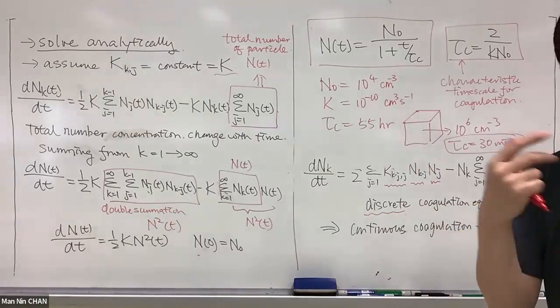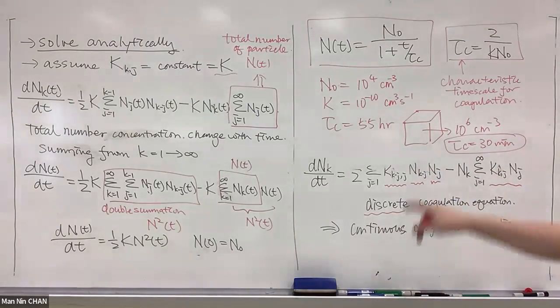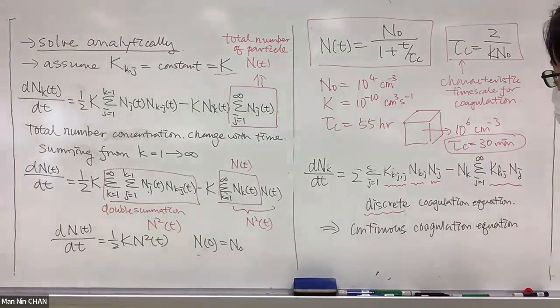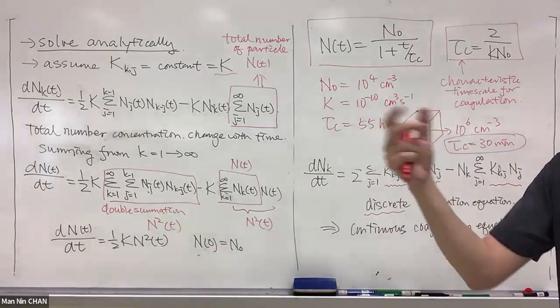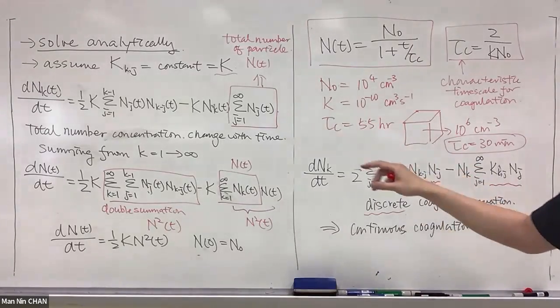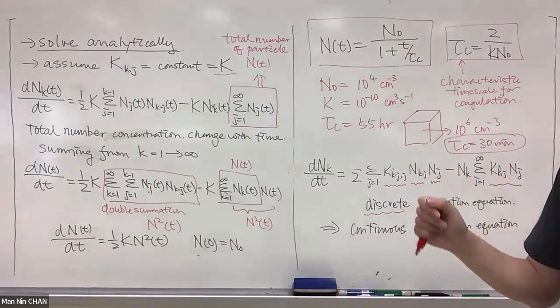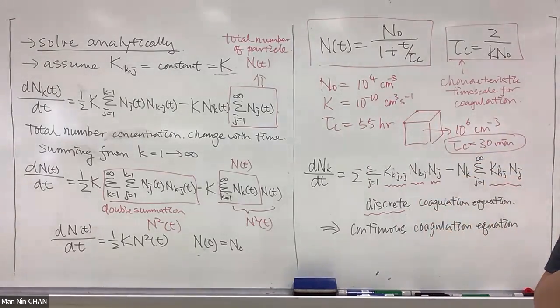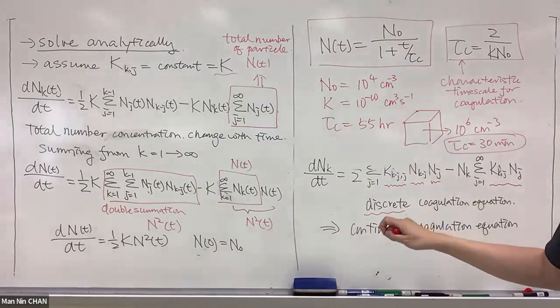Especially if you simulate the aerosol evolution, the number concentration or the size distribution, you really need to consider this, because in just 30 minutes you decrease 50% of your initial particle number concentration. So this is a very important process.